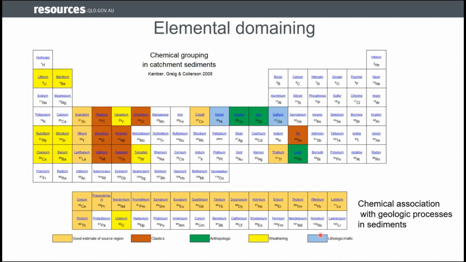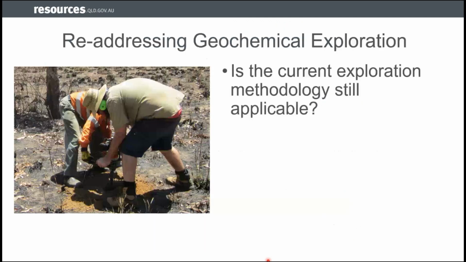The sediments in the catchments are strongly biased towards the different clastics, into clay or weathered materials, into rock forming, into anthropogenic things from mining, etc. In other words, when you look at both of these periodic tables, you know that the normal natural distribution of elements is very much biased towards different rock types, different host types, different grain size. That's really important because it's partitioned into different groupings itself.